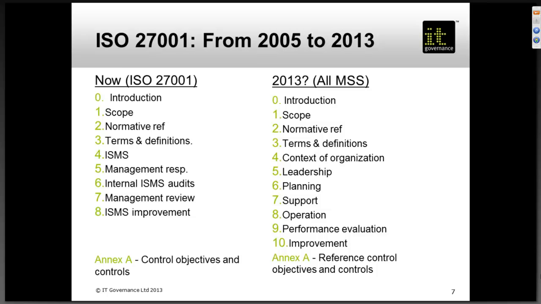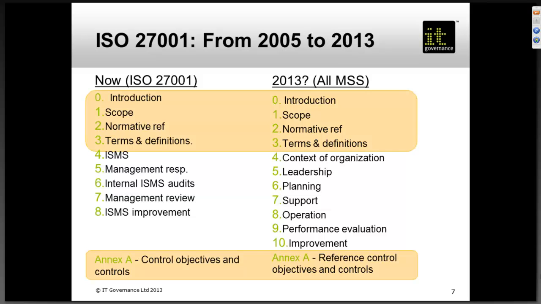So whether you're adopting 9001 for a quality management system, 14001 for environment, or indeed 27001 as it applies to information security management systems, they will all have these common headings. And then, of course, for 27001 2013, we have Annex A bolted on the end there, the reference control objectives and controls that I'll come back to and refer to later on.